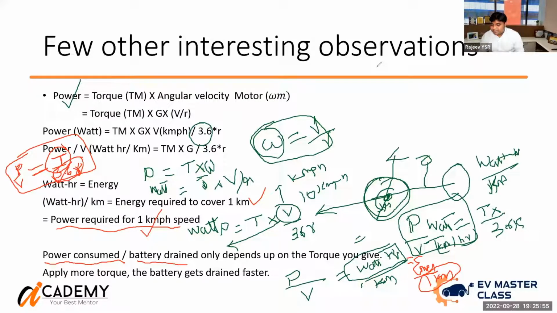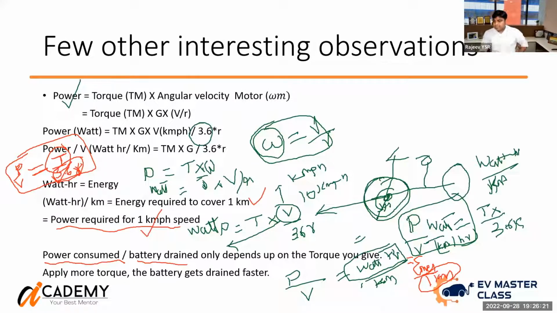Absolutely. Somebody clearly mentioned that at a given power, torque is inversely proportional to speed. If the power is constant, that's what we learned in the previous section. That's why operating the motor on the torque and power curves is very important for better efficiency and for better life of the motor.